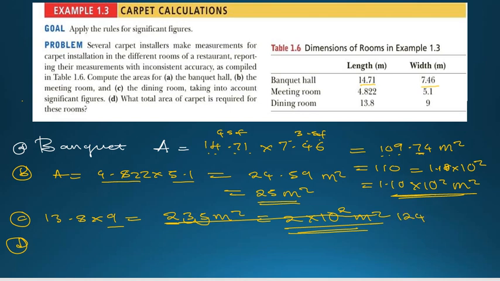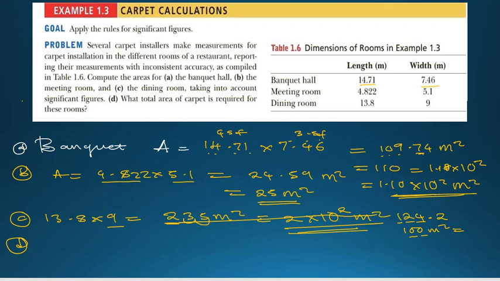Okay, it's giving 124.2, which in one significant figure, guys, we are going to write as 1, because we want to remain with 1 significant figure. We are going to turn this into zeros, going to remain with 100 meters squared, because zeros at the end are significant. So this is the value.